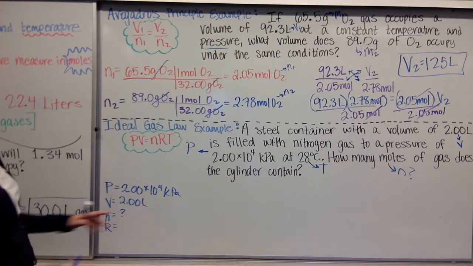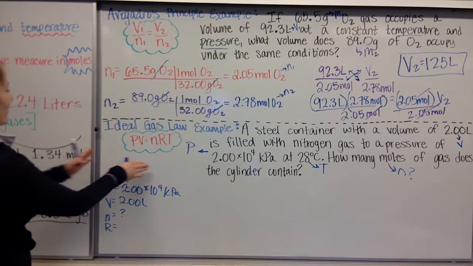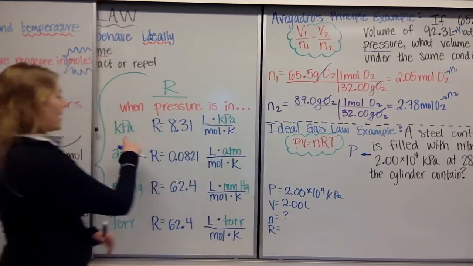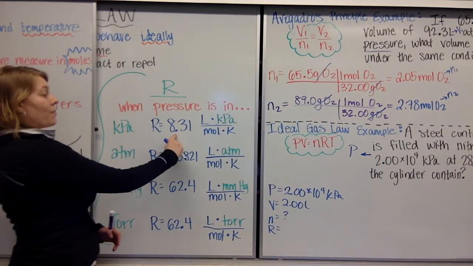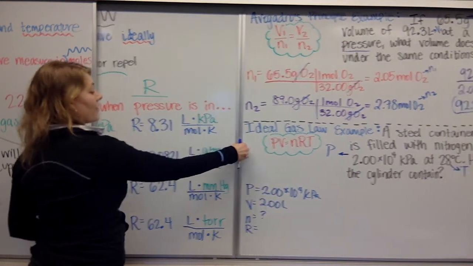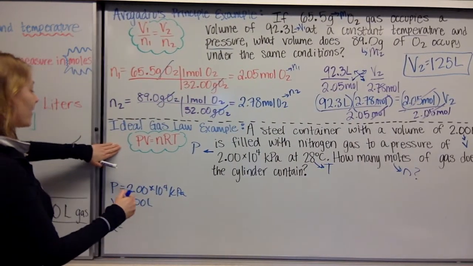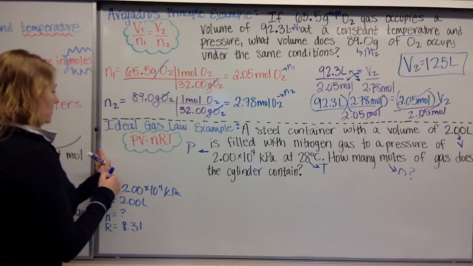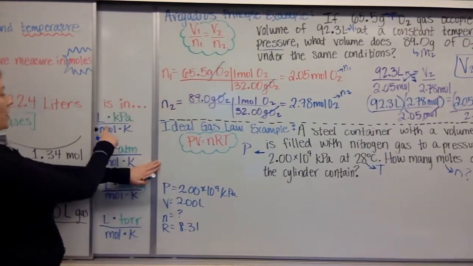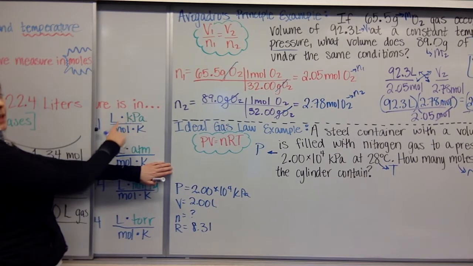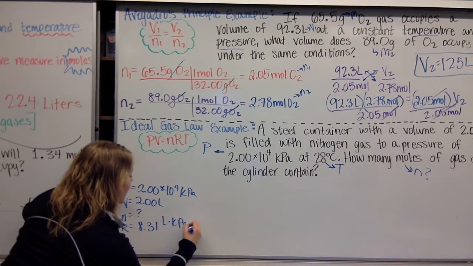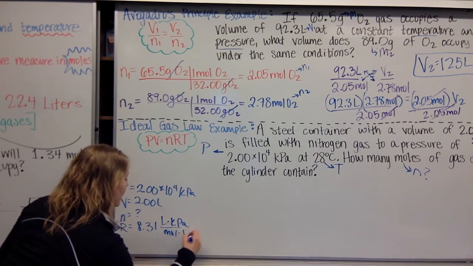Our pressure is in kPa, so we want to find the gas constant that uses kPa, which is right here, 8.31. So our R value here, our gas constant, is 8.31, right? And look at our unit, liters times kPa over mole times K.